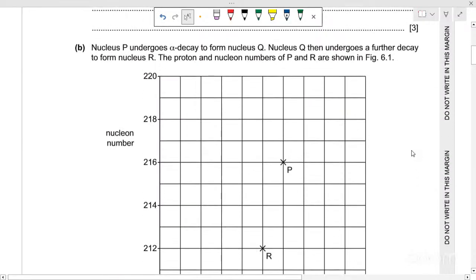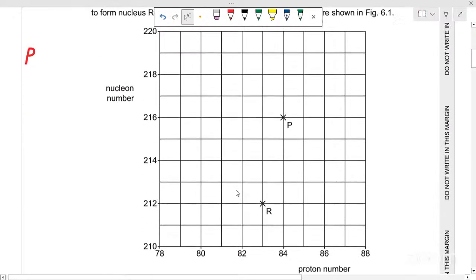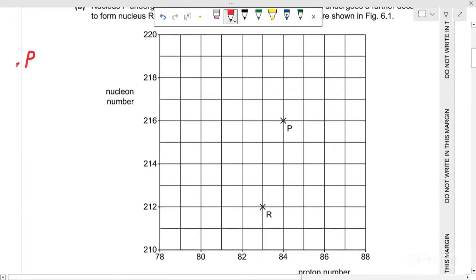Okay, so when P decays by alpha particle emission, nucleus Q is formed. So first of all, we should write the equation for this decay. You know, the proton number of P is 84 and the nucleon number is 216. When an alpha particle is emitted, Q is formed, and you know alpha is 2, 4.